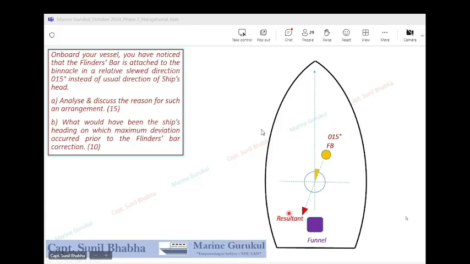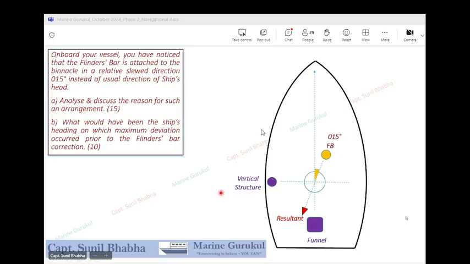So that simply tells us that there has to be a vertical structure on the port side of the compass or port side of the binnacle. You can see a vertical structure now coming up towards the port side of the binnacle. So the resultant of this vertical structure and the funnel falls in the direction of the red arrow, and this resultant is what our Flinders bar is correcting.